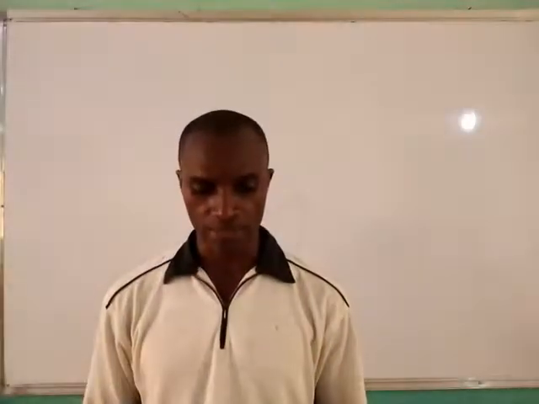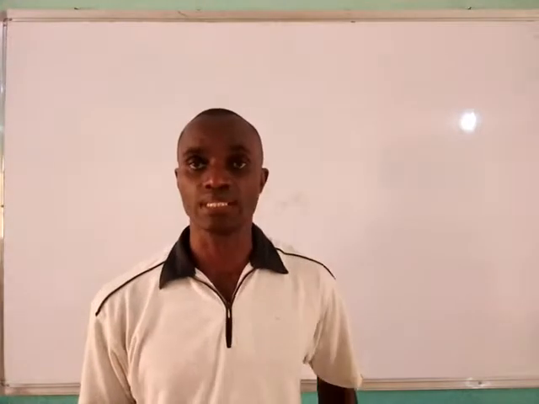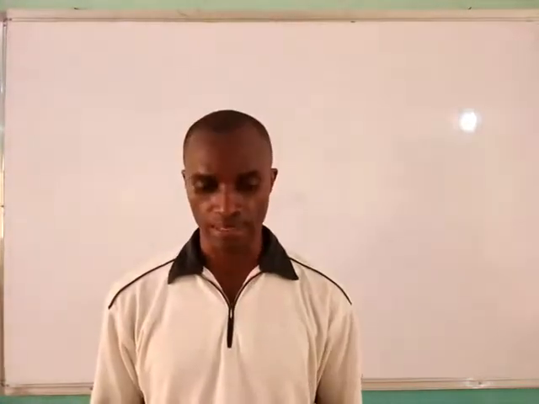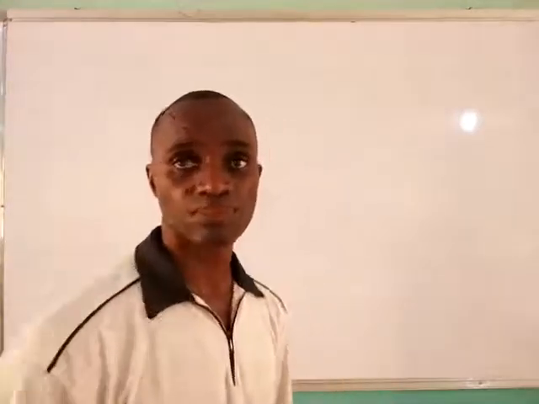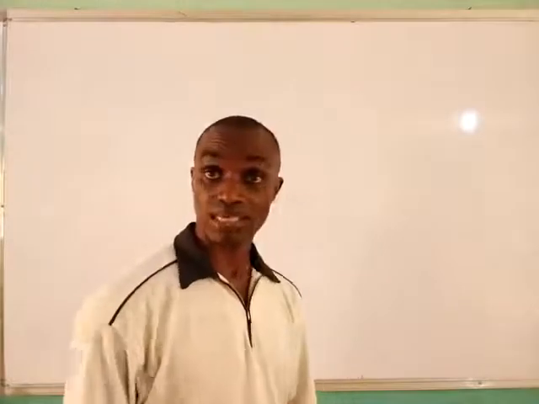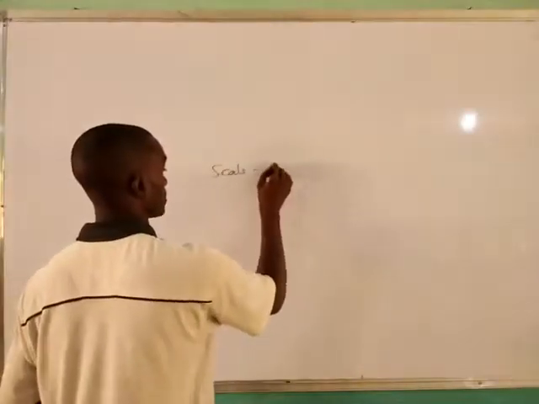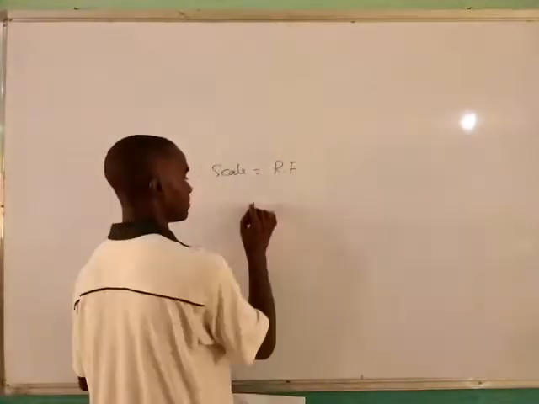Question number 7. A line is 50 millimeters on a plane with a scale of 1:200. The actual distance on the ground is what? This is a scale issue. Scale is normally RF. RF means representative fraction.